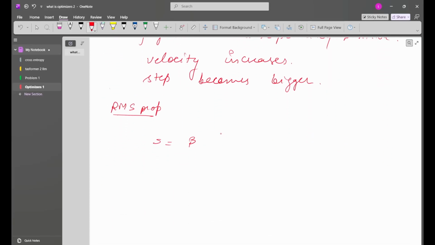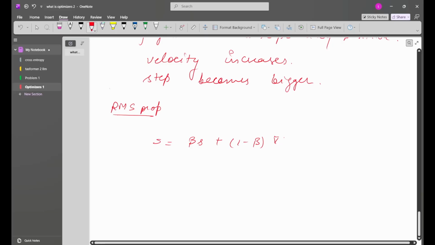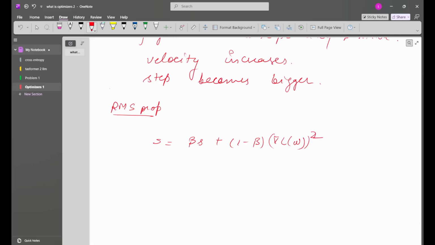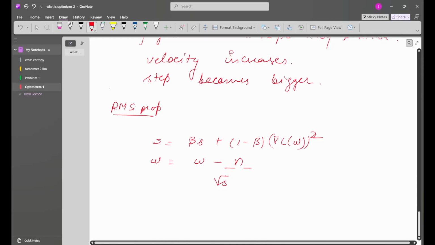And now in RMSprop, the step size equation is S = beta * S + (1 - beta) times the derivative squared. This is our gradient, so this takes the square of gradients. This is the equation of step size, and then W = W minus learning rate times gradient divided by the square root of S plus epsilon.